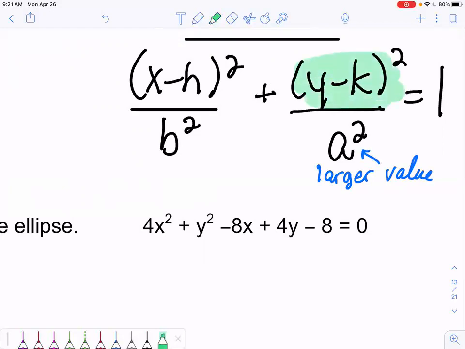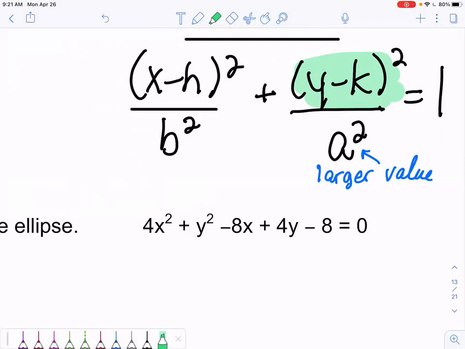So the location of the bigger number tells you the direction of the ellipse. Larger number, if it's with y, then it's a vertical ellipse. a is always the larger number. That's our major axis.